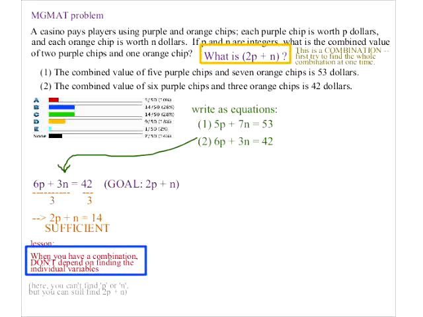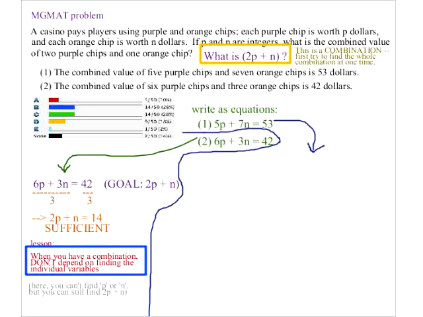Now let's talk about this. This is fun stuff right here. The first thing you should do is realize that in that statement, you're not getting a combo. There's no way this statement is going to give you 2p plus n in a single instance.